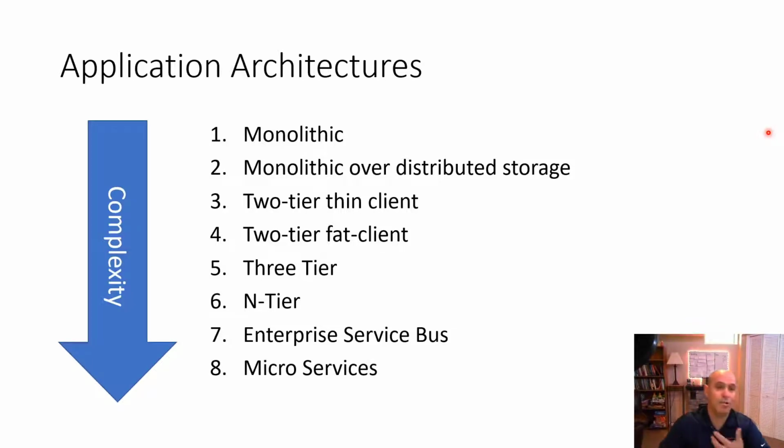We're going to run through all 8 of these to give you a better idea of the various ways that the same application can be architected. And by architecting that same application in many different ways, it provides us additional flexibility.